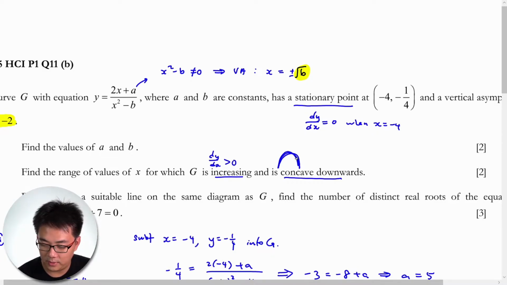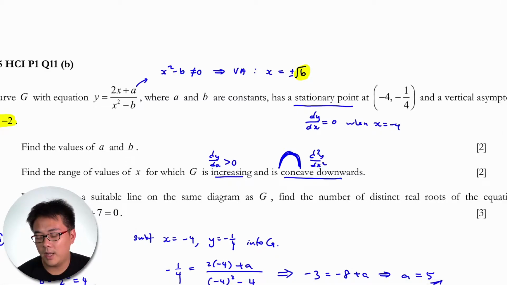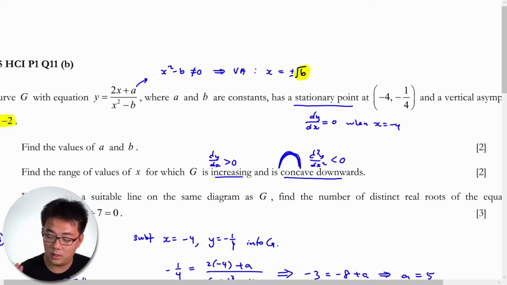This is concave downwards, and this is concave upwards. So concave downwards means that d squared y over dx squared, the rate of change of the gradient, is less than 0. It's decreasing. So that's one way.